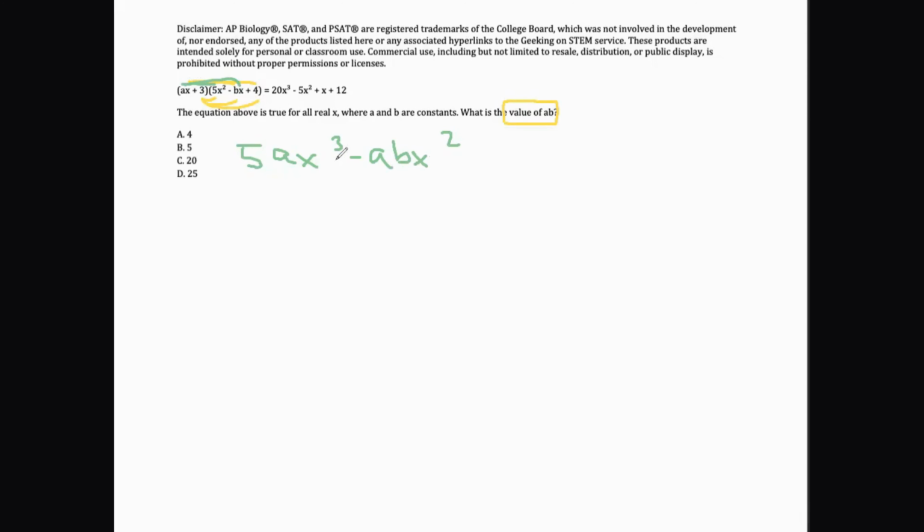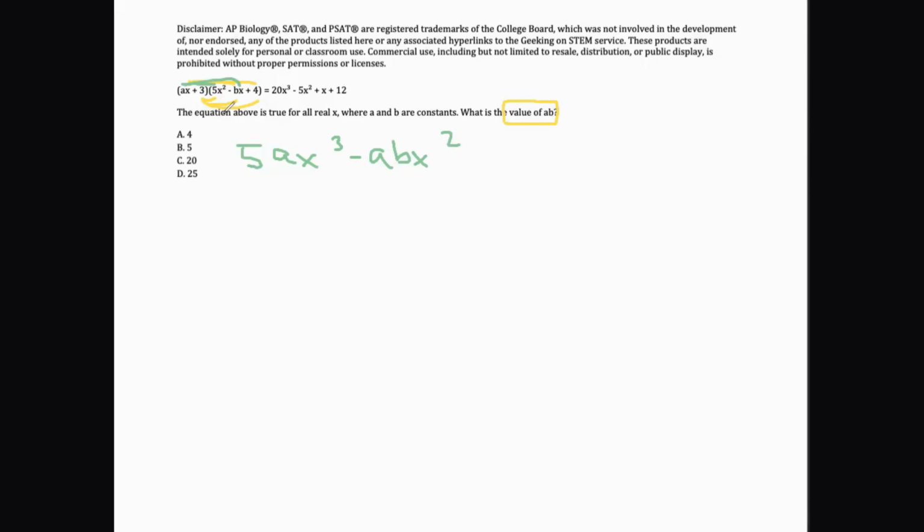I just want to note here that when you're multiplying values with exponents, you're actually adding the exponents together. So what I mean by that is let's take a look at a times 5x to the second. x to the first and x to the second becomes x to the third because there's a 1 attached to the x over here. So I'm actually adding them together. So it's actually x to the third. So I just want to note that here.